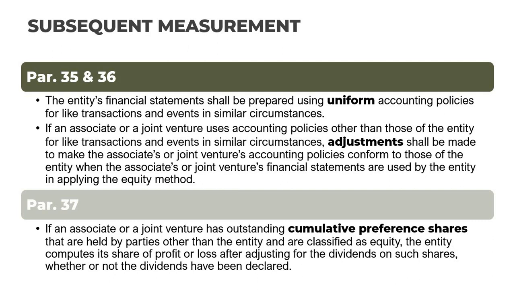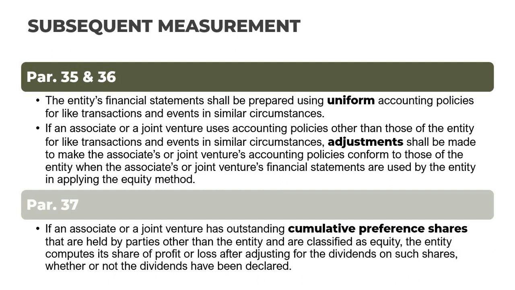So, syempre, under the equity method, ang sabi nga natin, si investor and associate are considered as a single economic entity. So, basically, dapat pare-parehas tayo ng accounting policies na ginagamit. So, kung ano yung ginagamit dapat ni investor na accounting policy in the application of the equity method, ganun din daw dapat ang accounting policy na gagamitin para kay associate when applying the equity method.